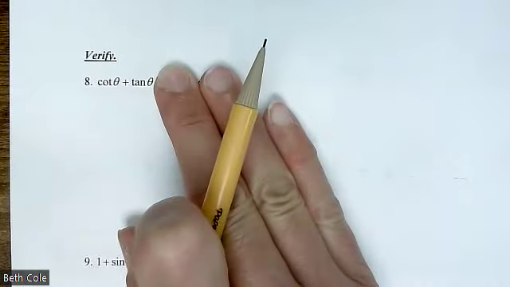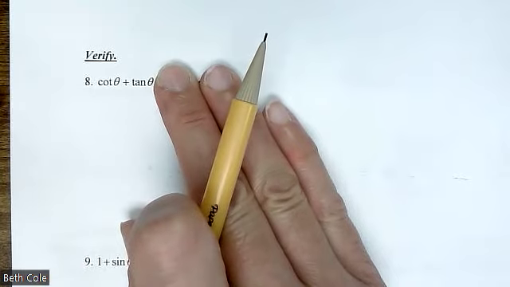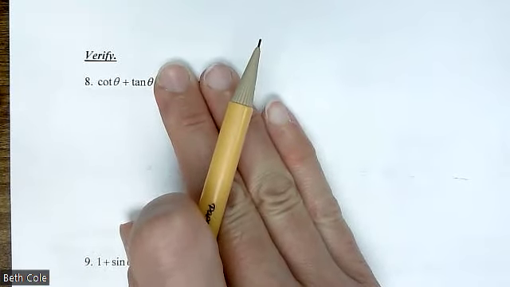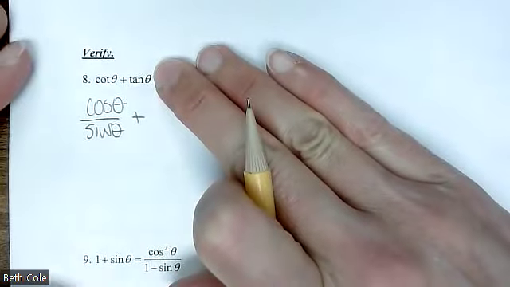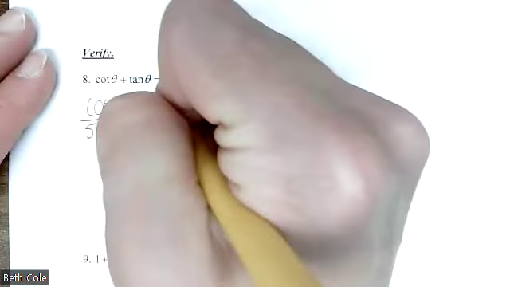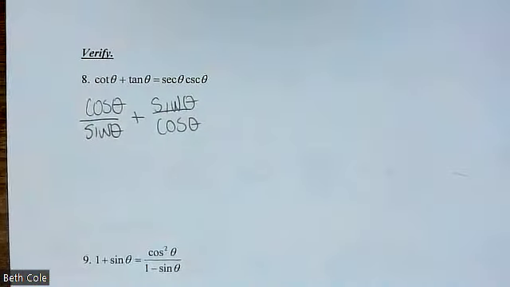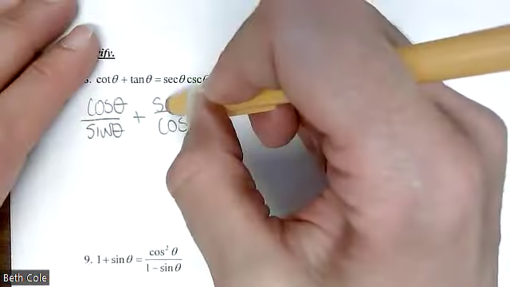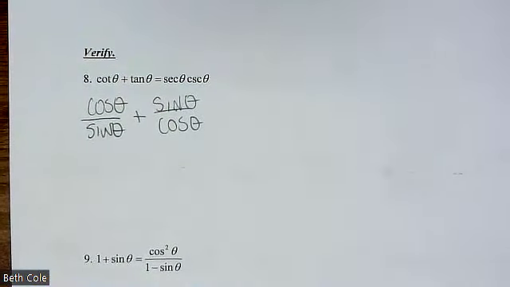Pretend this isn't here. What could you replace cotangent with? Perfect. Cosine over sine. Plus, what could you replace tangent with? Sine over cosine. Don't even write the rest of it. We're going to just eventually make it equal that. Now, when you add fractions, you need a common denominator.